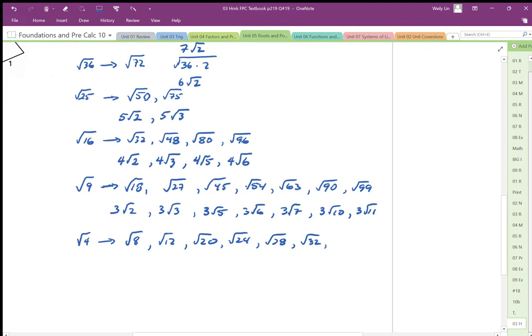Root 40, did we have root 40 in here? No, so root 40, root 44, root 48. Okay, root 48 we already had, so we're going to skip that one, so we're going to go root 52, root 56, root 60.